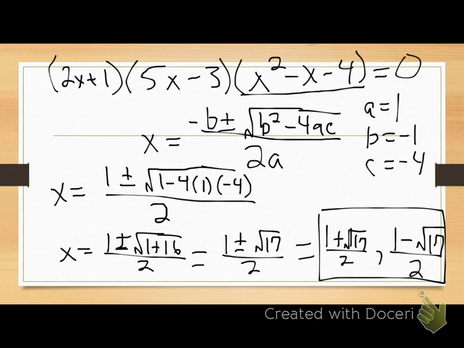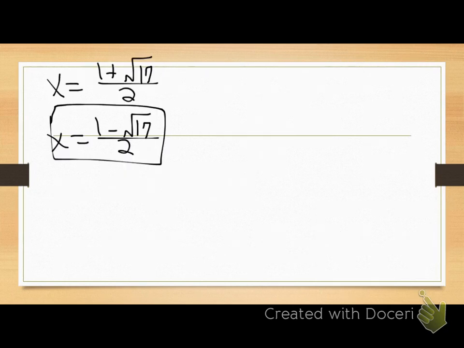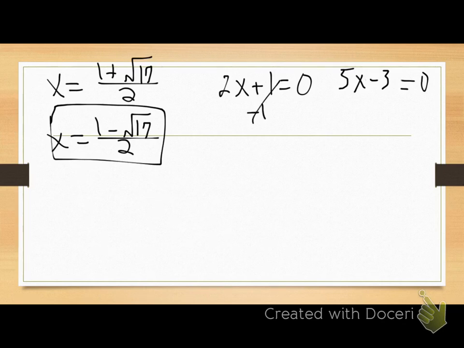And to get my other solutions, I can take my other 2 factors up here and set them equal to 0 and solve for x. So 2x plus 1 equals 0. 5x minus 3 equals 0. And solve those for x. That's my first step on the first one. Subtract 1. Next step.